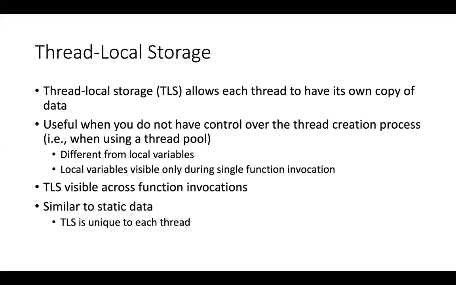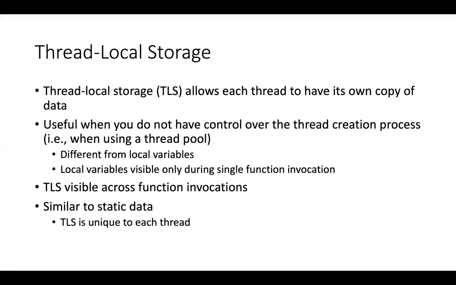Now this thread local storage is visible across function invocations. So when you invoke a function, the operating system will see some of the thread local storage, and then it will work accordingly.